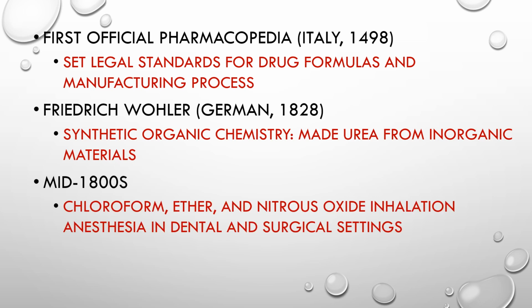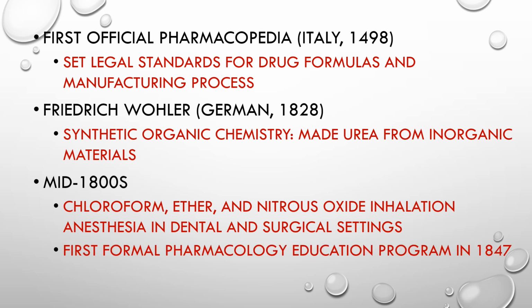Then in the mid-1800s, we start seeing some more common drugs. So anesthesia from inhalation from chloroform, ether, and nitrous oxide was used in dentistry, but also in surgical settings. The first formal pharmacology education program was set up in 1847, again, not necessarily to license, but to educate pharmacists.